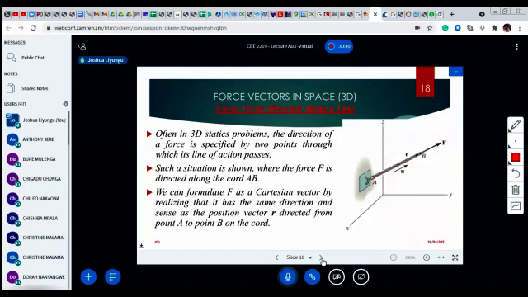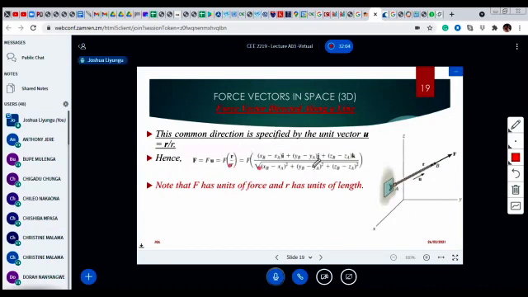This is just the unit vector itself, except that there is a force now which moves along that unit vector A, B. So how do we define that force vector directed along a line? This is exactly how you represent this. The F is the position vector over the magnitude.